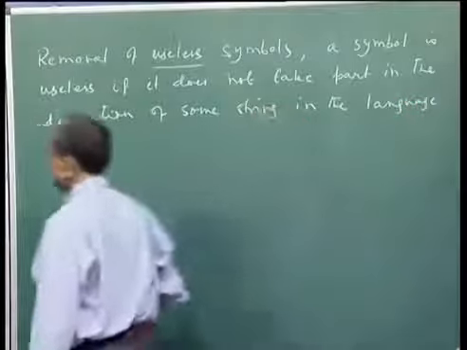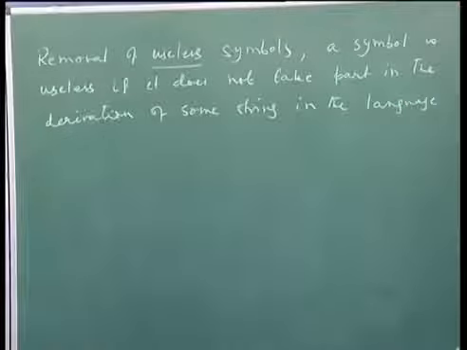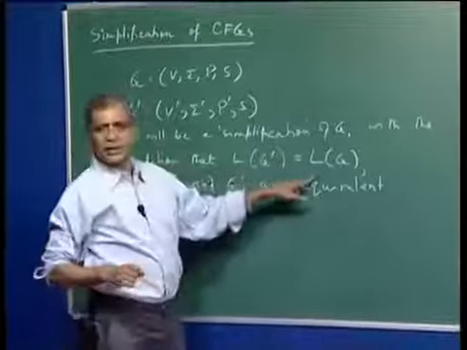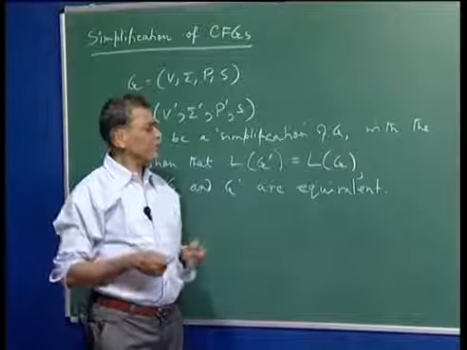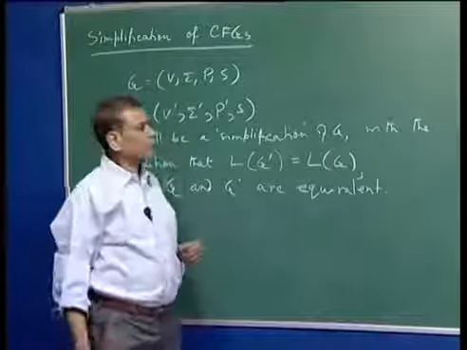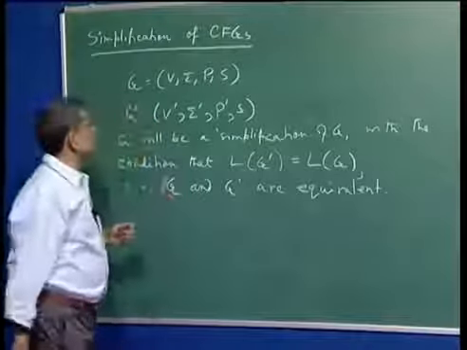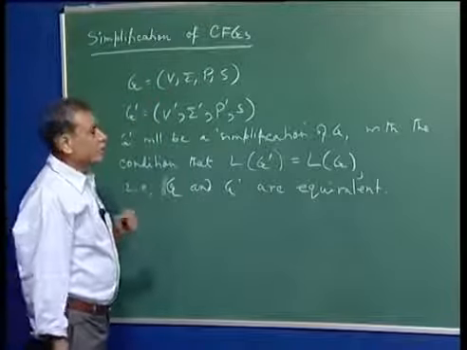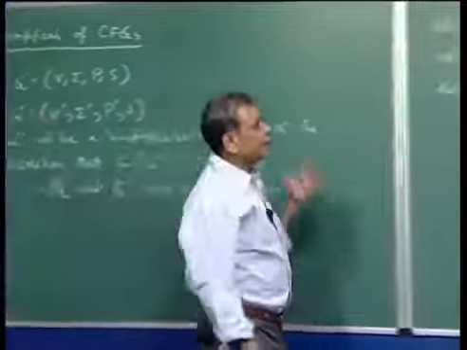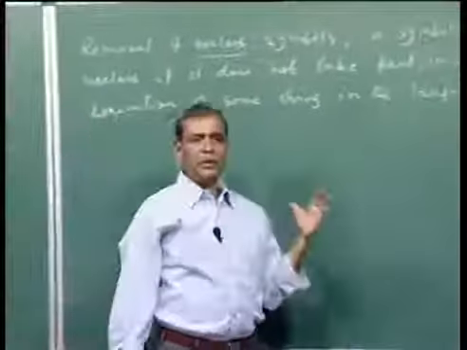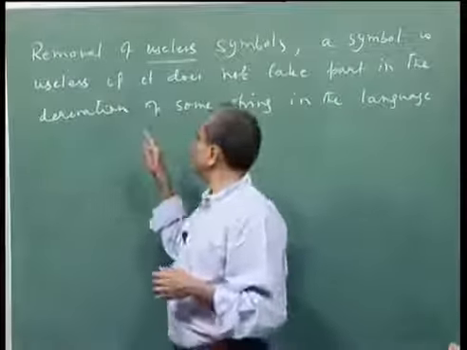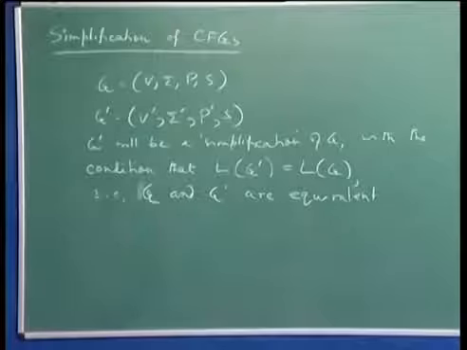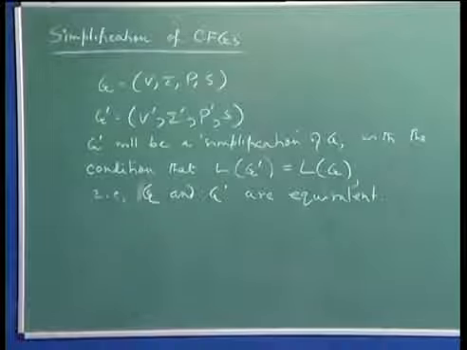So, let us get this idea clear. We have a grammar G that is generating the language L(G). That language is of course some set of strings over sigma, and now if it so happens that some non-terminal or even some terminal is such that these symbols are not taking part in any derivation whatsoever of a string of L(G), the language generated by G, then such a symbol we will call useless.